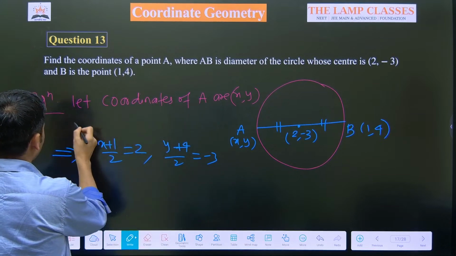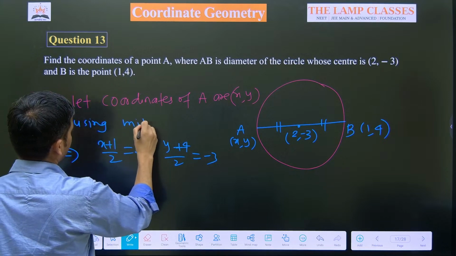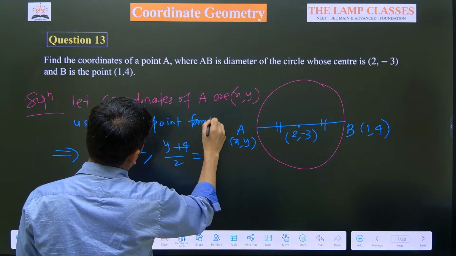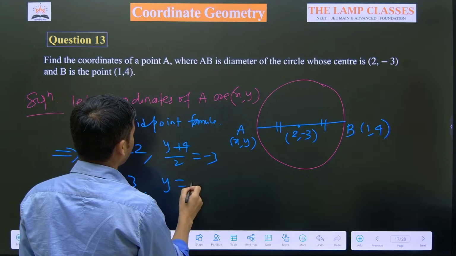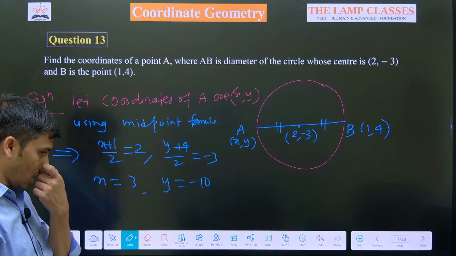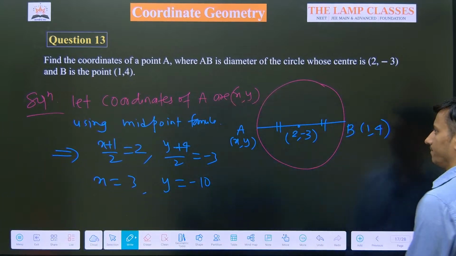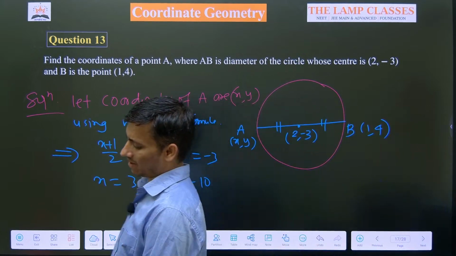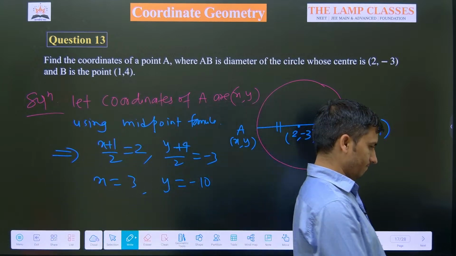If you want, you can mention also using the midpoint formula. So we'll get x is equal to 3 from here and y will be minus 10. Therefore, the coordinates of point A is 3 comma minus 10, right? Again, we'll mention the concluding line. It can come in MCQ also. All the 2 mark questions can come in MCQs, and all the MCQs can come in 2 marks as well.